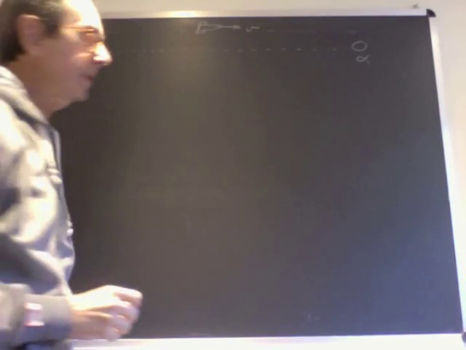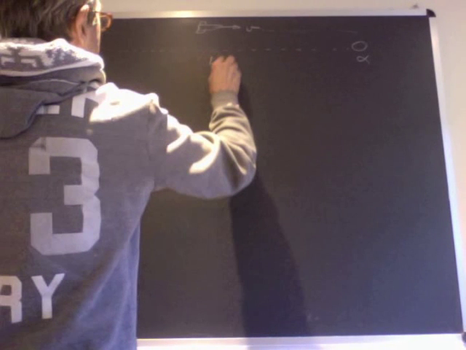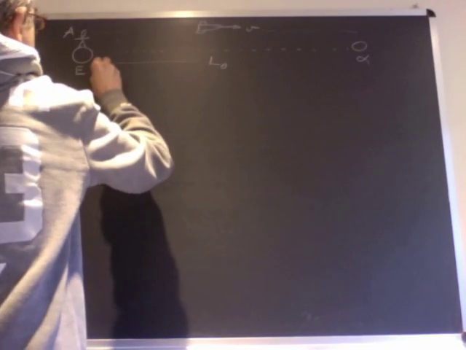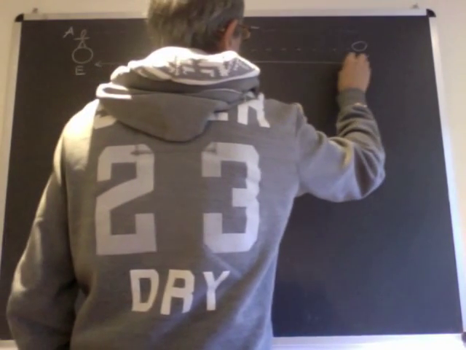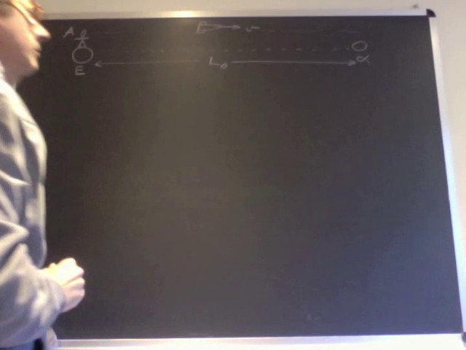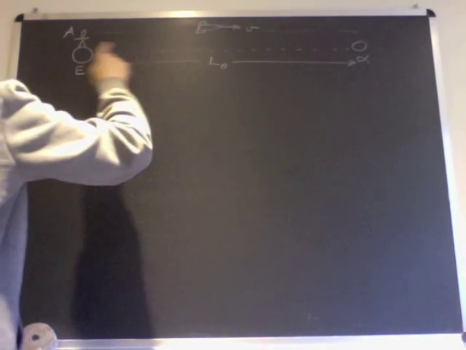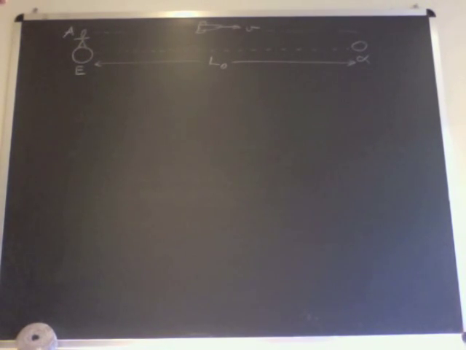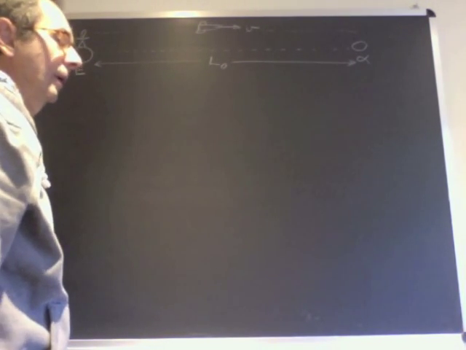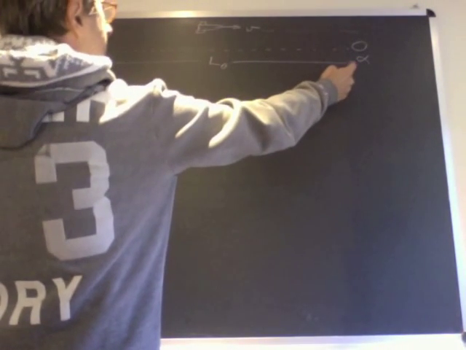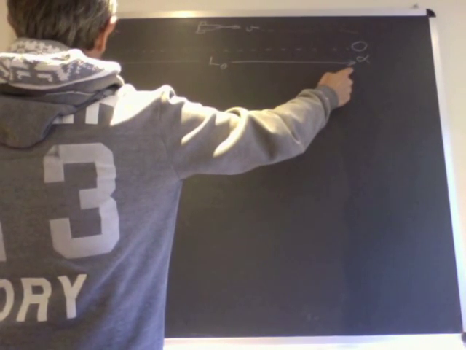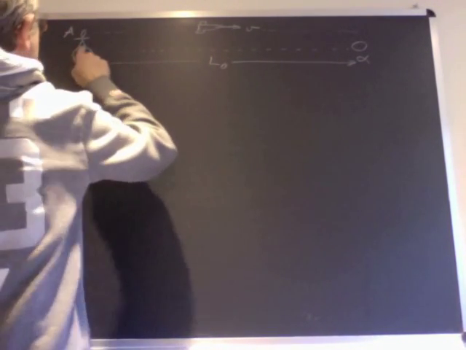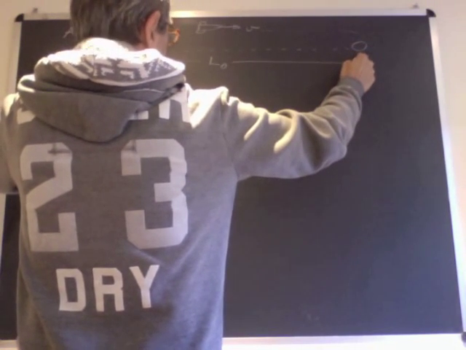And let's call L0 the distance between the Earth and the star Alpha Centauri as measured by the observer A on the surface of Earth. This is called proper distance in this case because it is measured by an observer that is at rest with the distance itself.